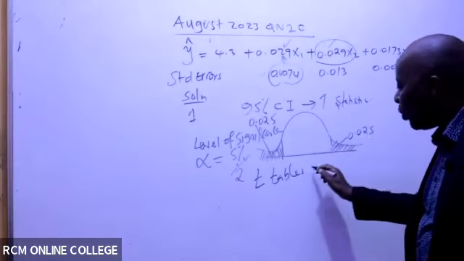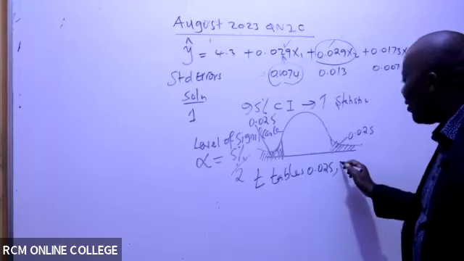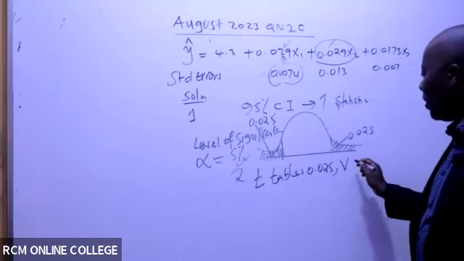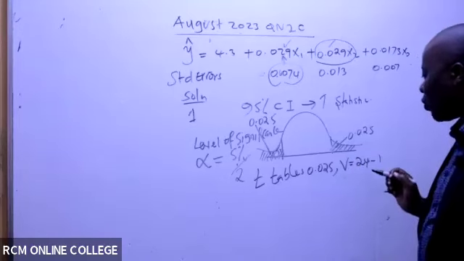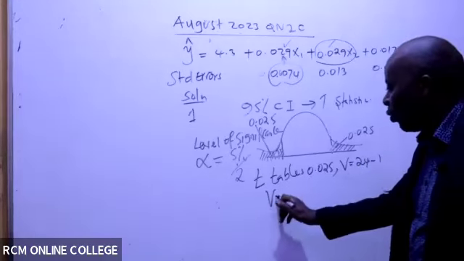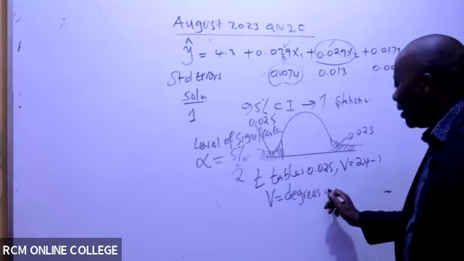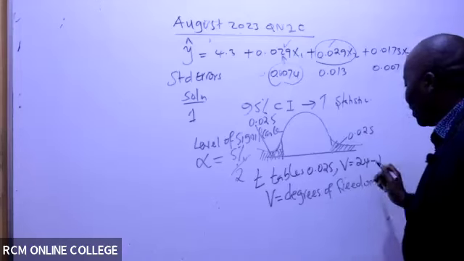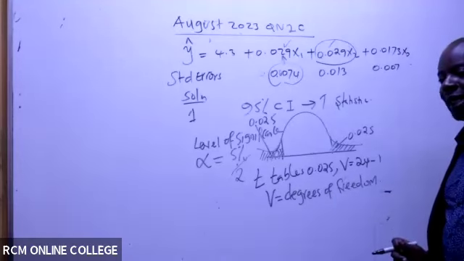So from the t tables, we are using 0.025 with a v. v will be equal to 24 minus 1. What does this v stand for? v stands for degrees of freedom.